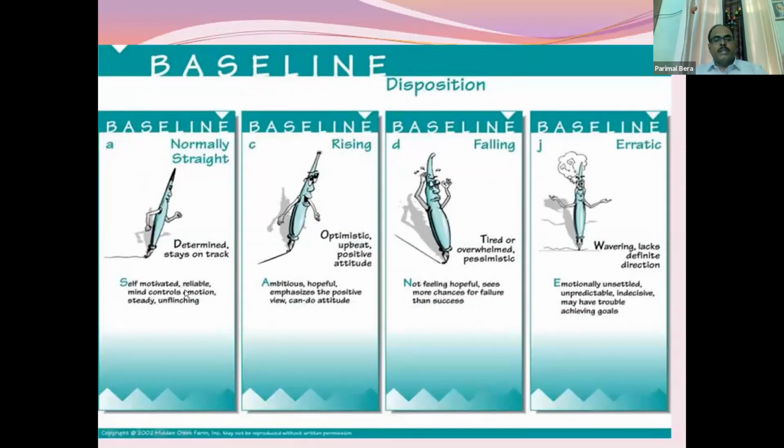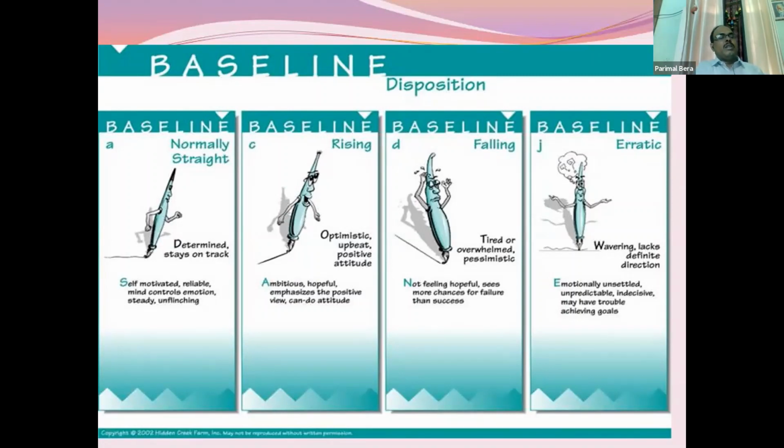Normal baseline. If it is a normal baseline, that means you are self-motivated, you are reliable, mind control, emotionally stable, and unconflicting. And a rising baseline, that means the writing is just rising.